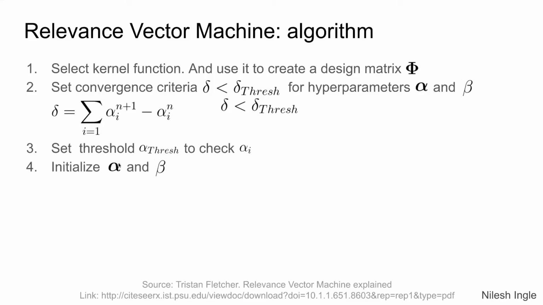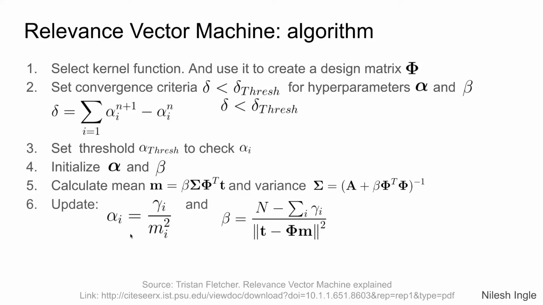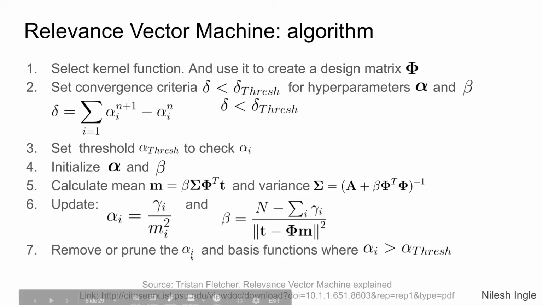And we want to initialize the values for alpha and beta, and then calculate the mean and variance based on these equations, and use that mean and variance to update the values for alpha I and beta. And once that is done, we want to remove all the alphas and the basis functions where the value of alpha is greater than the alpha threshold that was set in step number 3.